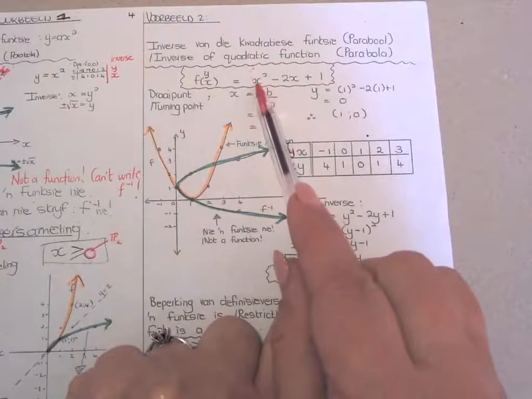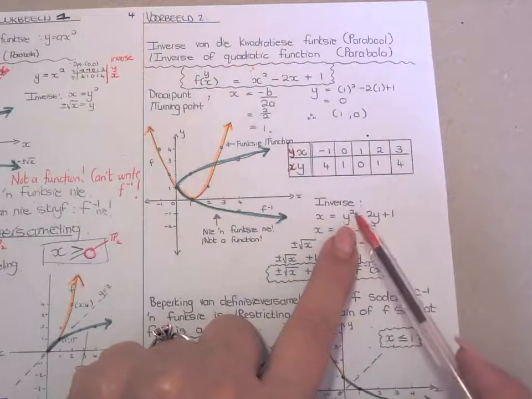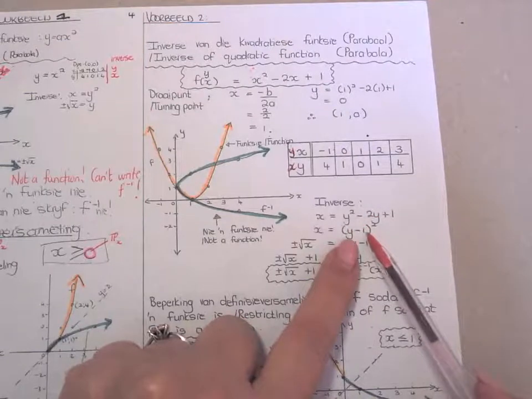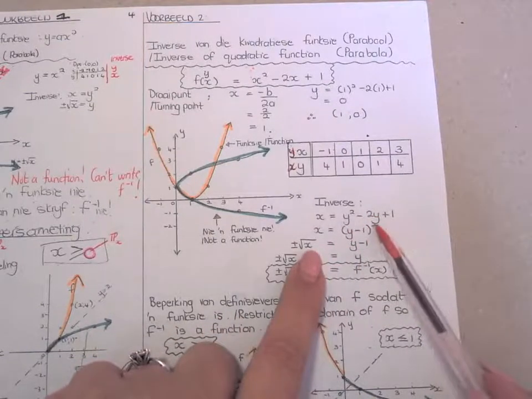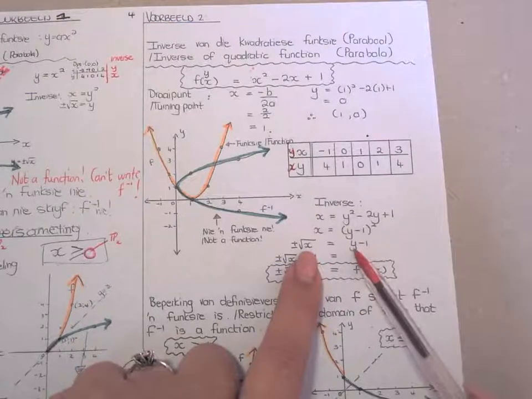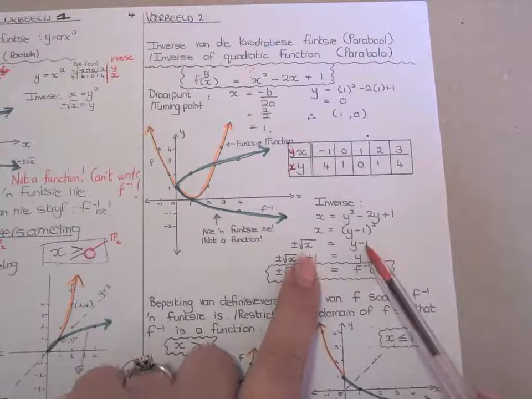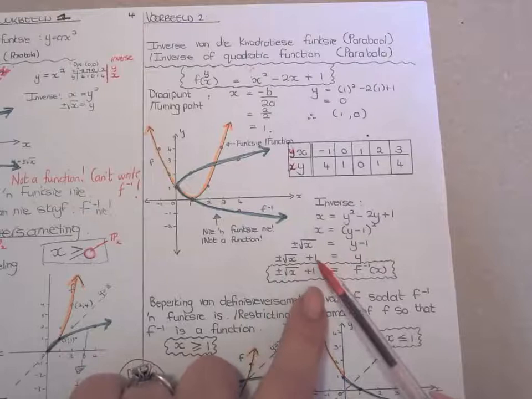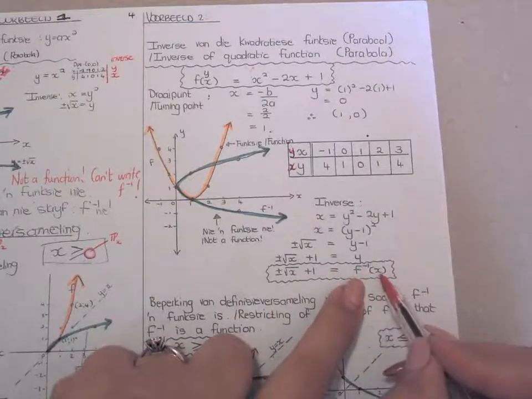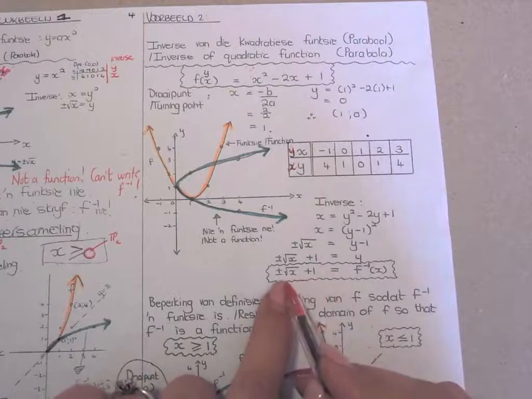Here where we had x squared, it becomes y squared, etc. Factorize and take the square root on both sides. Solve for y by taking the minus 1 over to the left-hand side. So f to the power of minus 1 of x will look like this.